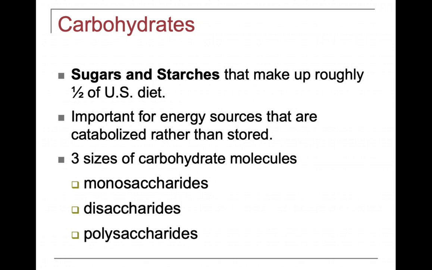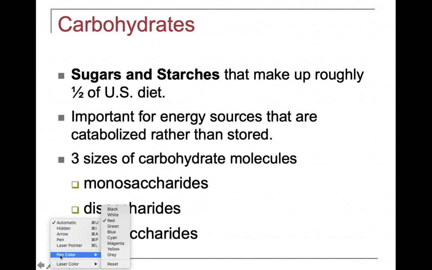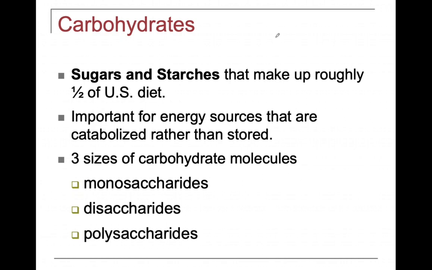Let's look at carbs first, the carbohydrates. Sugars and starches. These are carbohydrates. They make up about half of the American diet. Typically, when we talk about the standard American diet, we will see the abbreviation SAD.